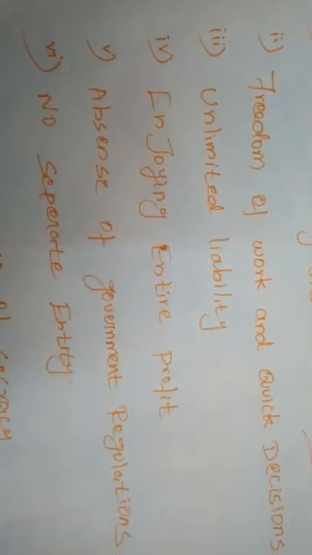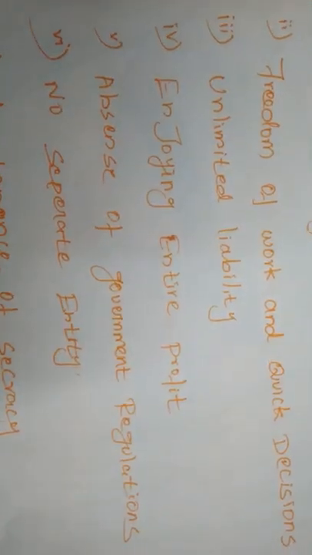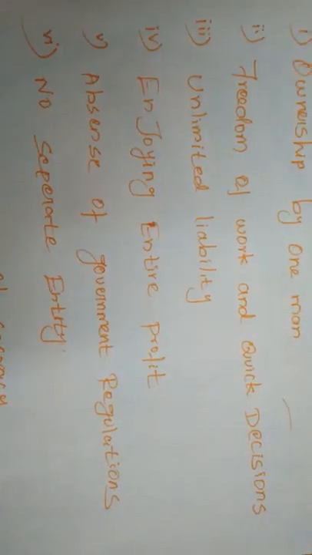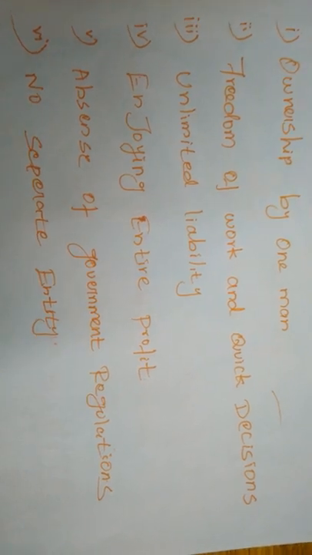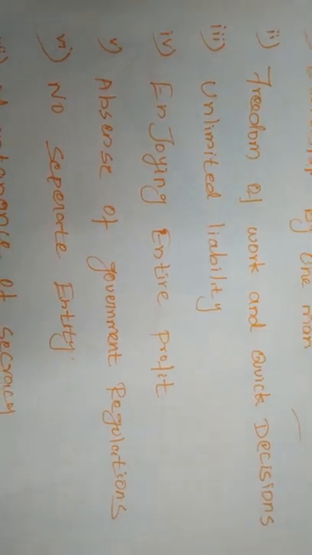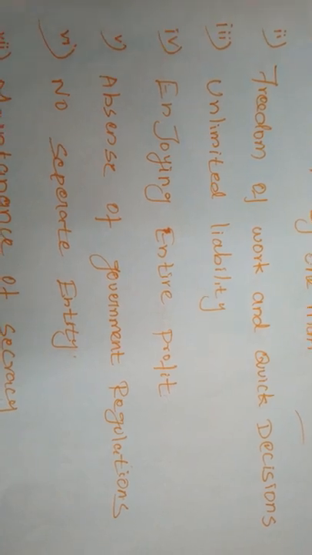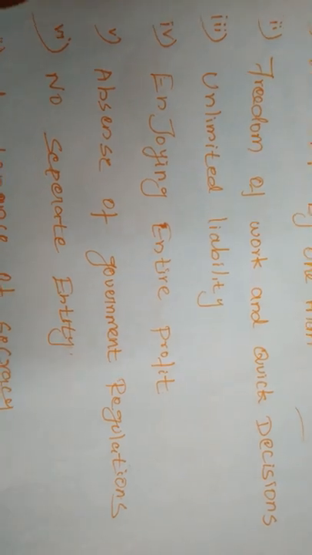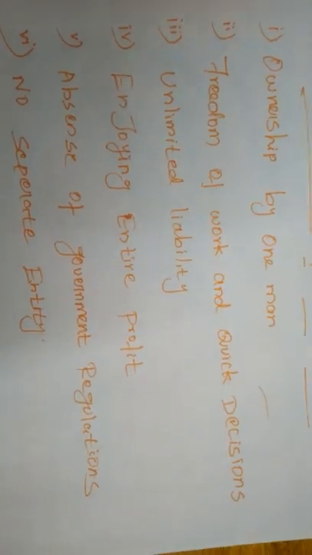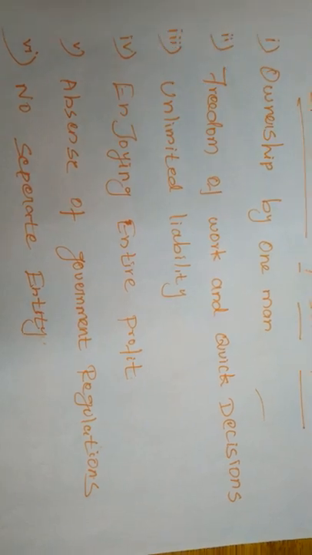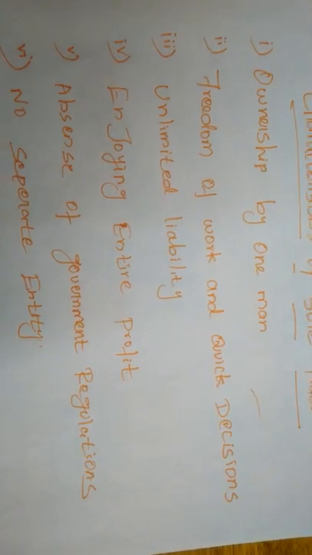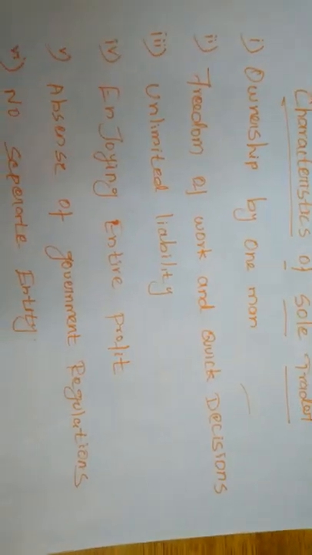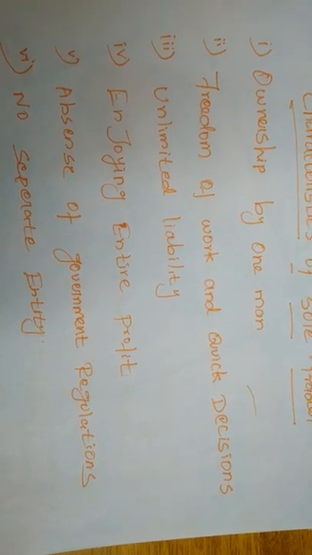Next, unlimited liability. Unlimited liability refers to the responsibilities held by the sole trader. Even if the sole trader is not able to continue the business activities, or if he borrowed more money from a financial organization, he has to take the responsibility.